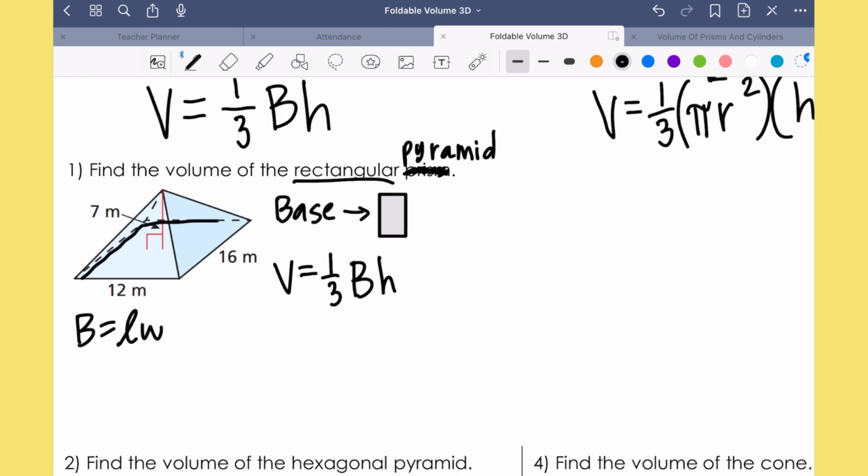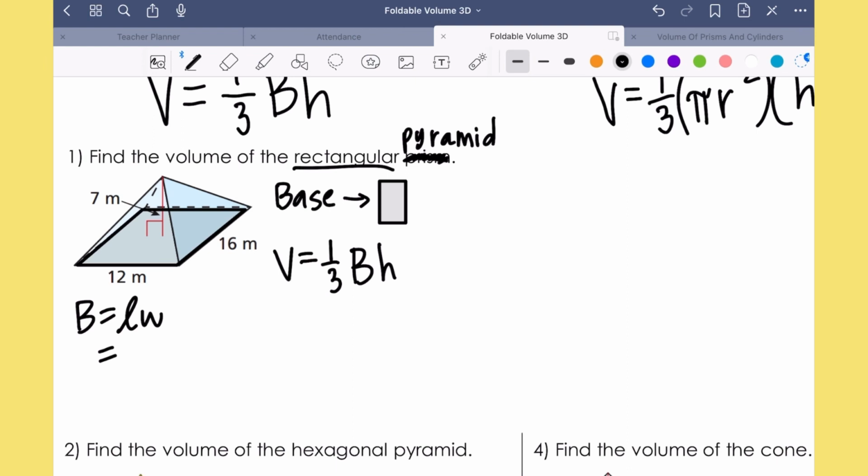Remember, that means I'm finding this area right here first. So length times width, or base times height, or width times height. Remember, those have different names. So the length times width: 16 times 12. Those are my dimensions here. 16 times 12 is 192.